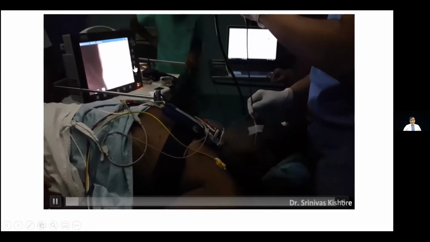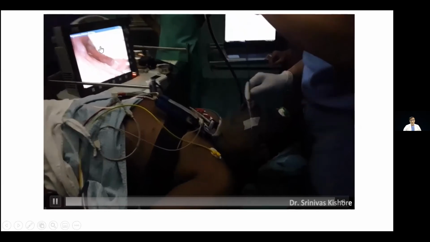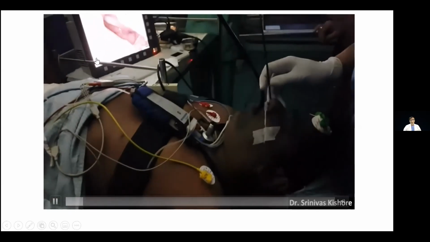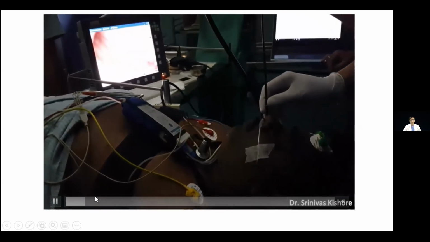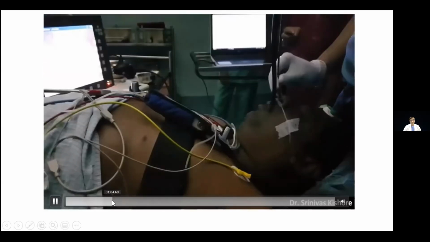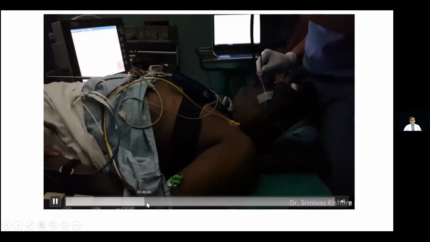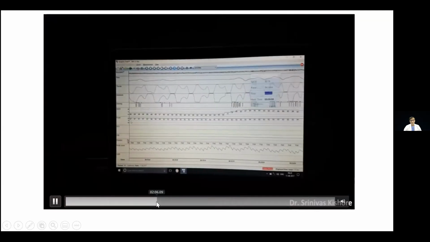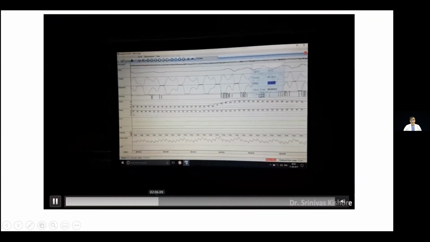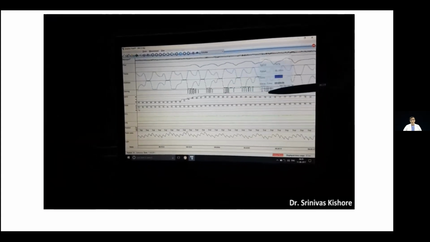You can see the video on the flexible scope, the portable one there, and you can see what's going on in the PSG while things are happening.